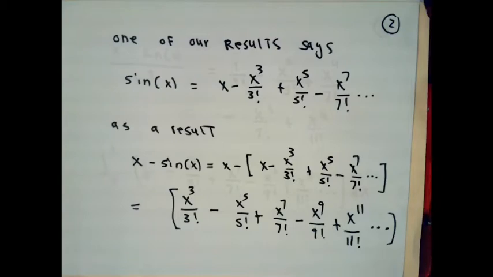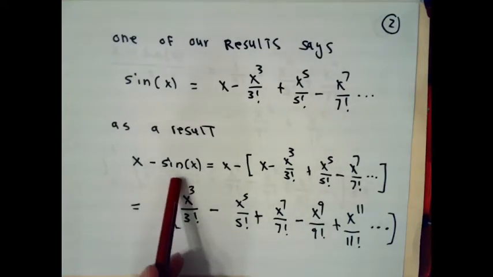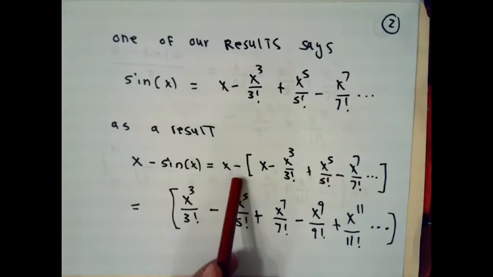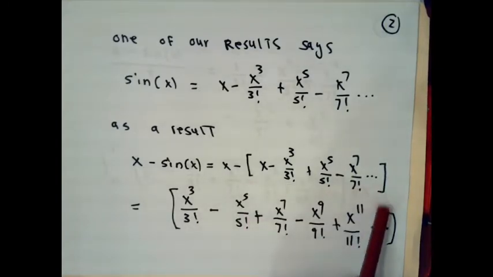Absolute convergence means we can treat these things as though they are polynomials. As a result, x minus sine x is x minus whatever sine of x is.